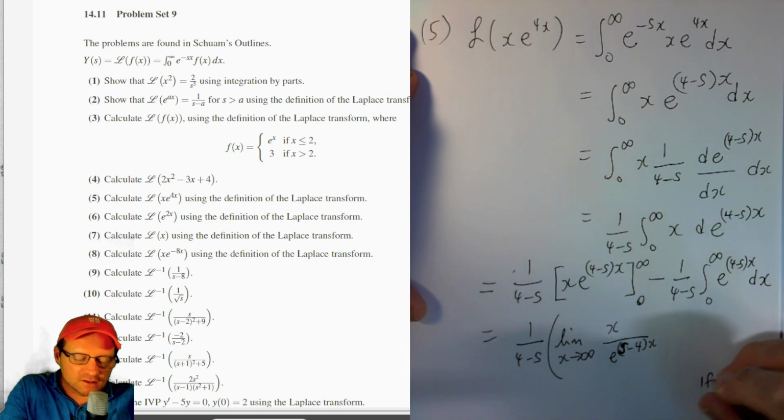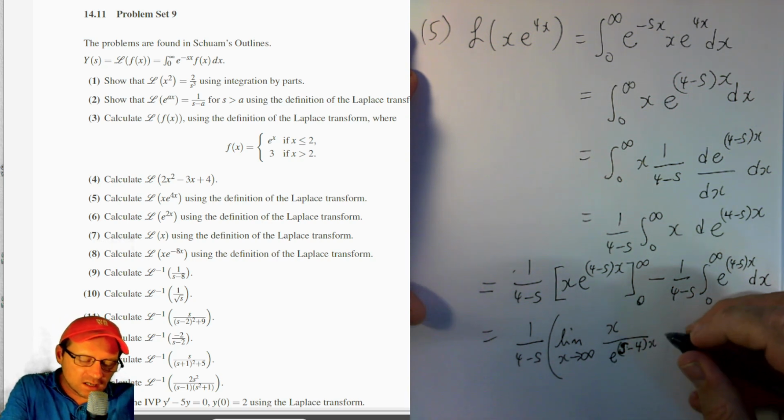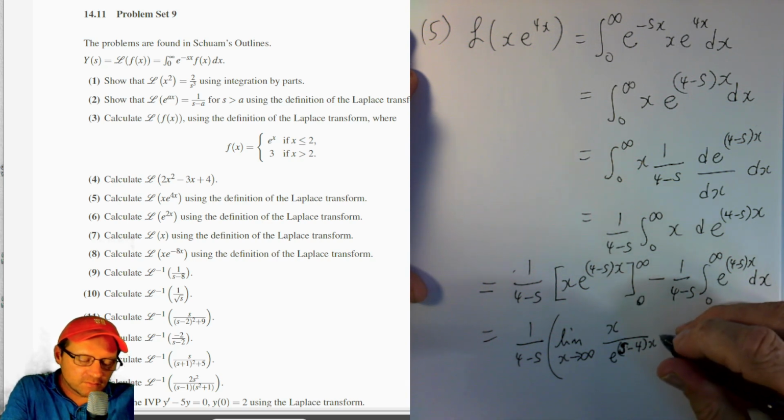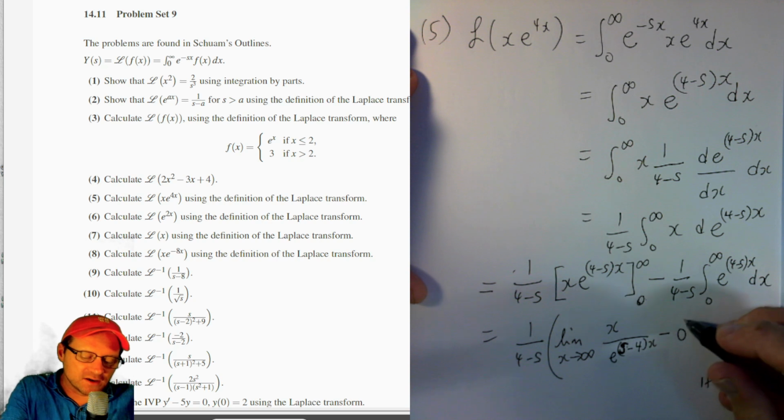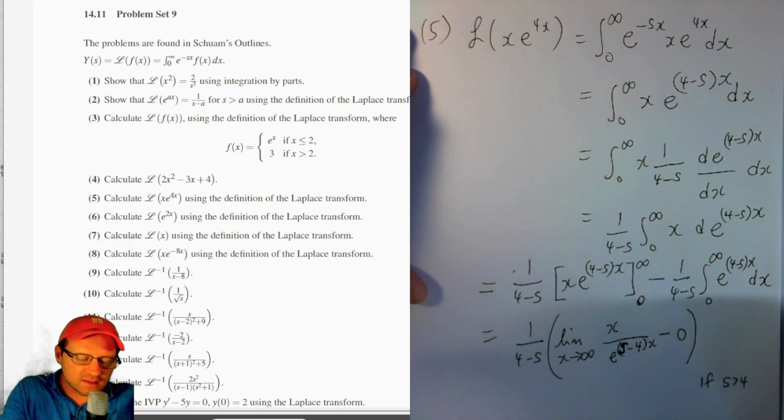So if s is greater than 4, in other words, and then we have minus 0 for when we sub in 0 there. Okay, let's end that bracket, and then we'll just do this integral here also.